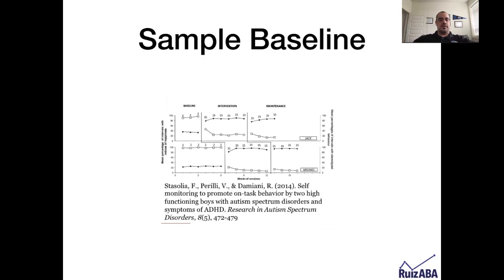Here's yet another example of a baseline. I'm showing you so many because baselines look different for different things. Less important is what the rest of the features in the graph are; more important that you focus on the baseline. Here, they're measuring 2 different things, in this particular study from Research in Autism Spectrum Disorders, with the citation below the graph. Notice that in the baseline there's not a lot of variability going on.